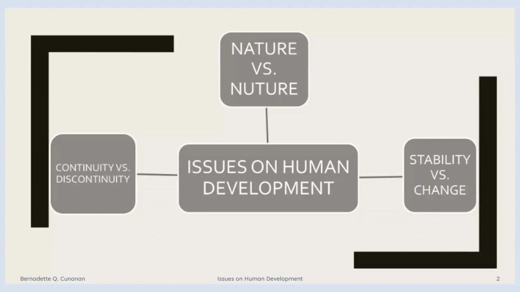Another is behavioral genetics. Now, guys, researchers in the field of behavioral genetics study variation in behavior as it is affected by genes, which are the units of heredity passed down from parents to offspring. So meaning the behavior is being inherited by the children from their parents.